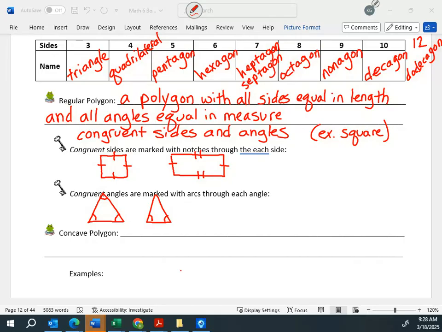Remember that isosceles triangle had two sides that are congruent, two angles that are congruent. So when we're looking at our polygons, always look for congruent sides, congruent angles to know if they are regular.